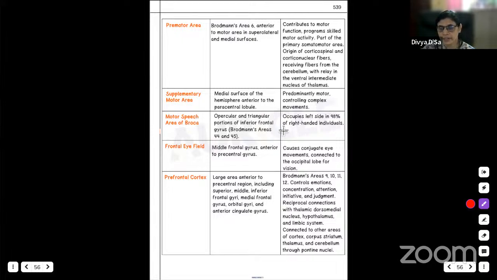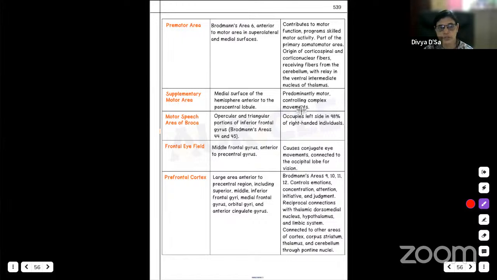Then we have the supplementary motor area. Supplementary motor area is present on the medial surface of the hemisphere anterior to the paracentral lobule, that is the medial frontal gyrus. Here it controls all the complex movements like those of the hand, very fine precise intrinsic movements.